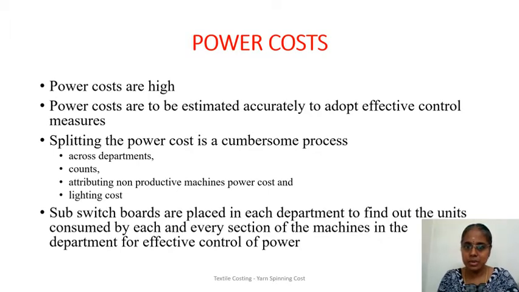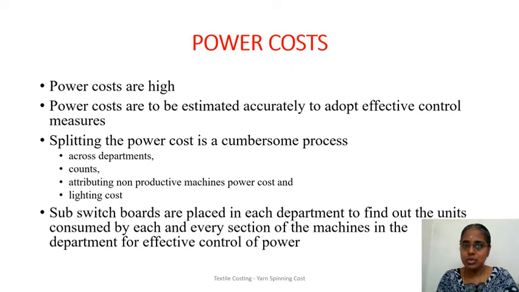So we have to split it first according to the departments or according to the counts, so that we can see which is more profitable based on power cost, whether the non-productive machines are consuming more power, and what the lighting cost is, and whether we can go for any changes in those things. For this, we have to divide and find the correct estimate of the various components of the power cost.